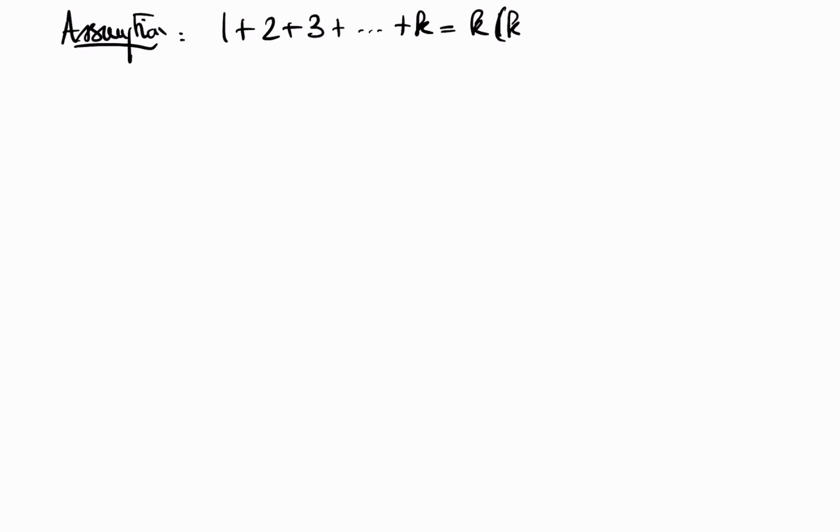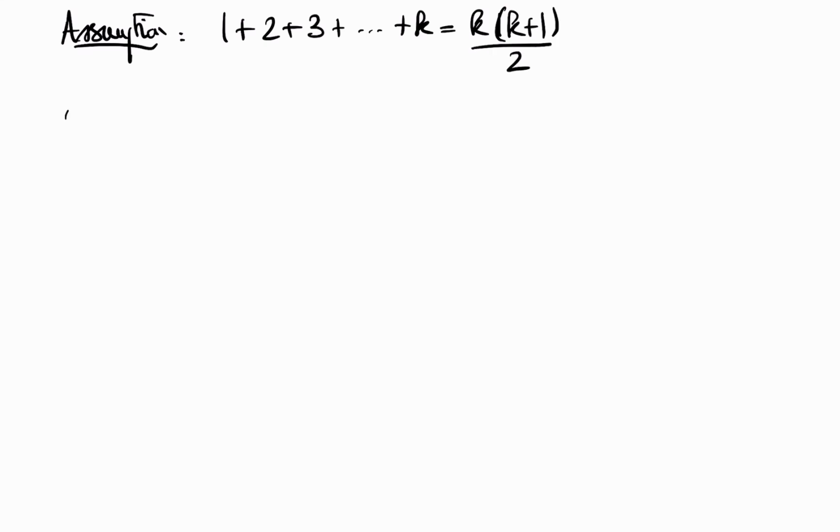Okay. So, recap. Assumption: 1 plus 2 plus 3 plus ... plus k is equal to k times k plus 1 over 2.